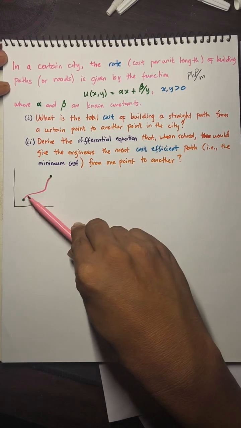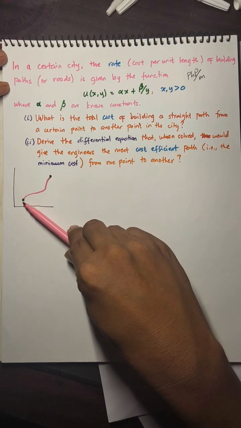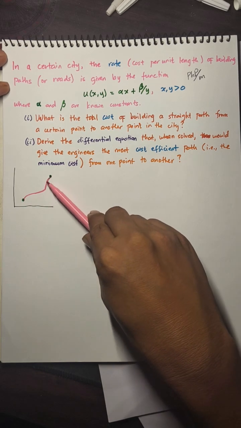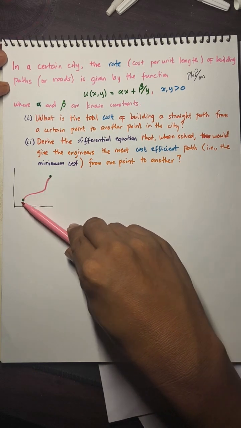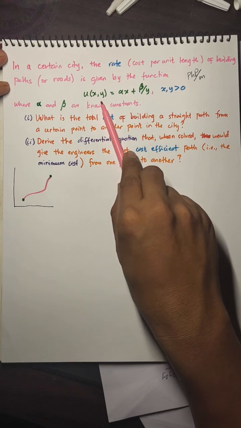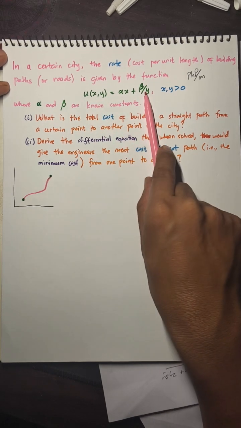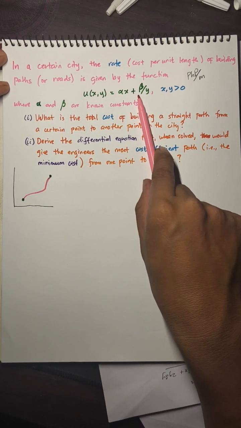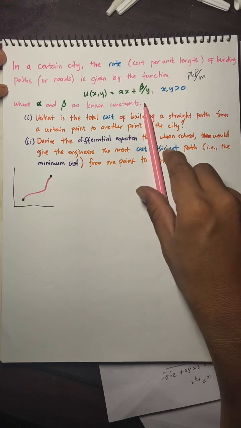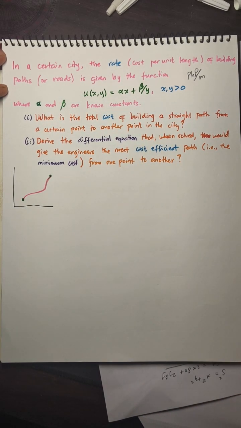So this road here would have a certain cost, equal to the total length of the road times the density function. We can understand this as a linear cost density function. Linear means it pertains to the length. Depending on the type of road, the cost will be different.